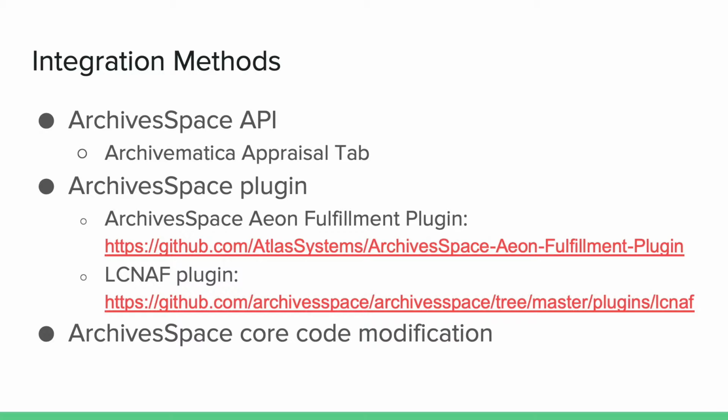So those integrations happen within the ArchivesSpace application, communicating with outside applications or sources of data. And an integration could also take the form of, say, an ArchivesSpace core code modification, where it's actually changing the ArchivesSpace application to integrate with some other system or source of data.